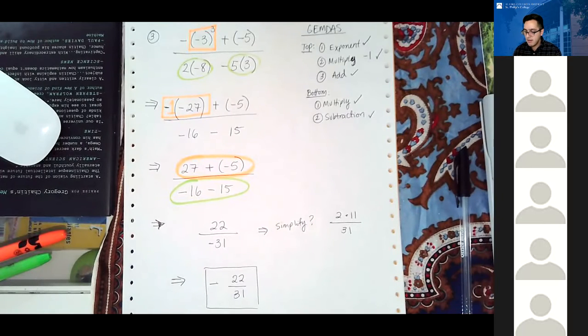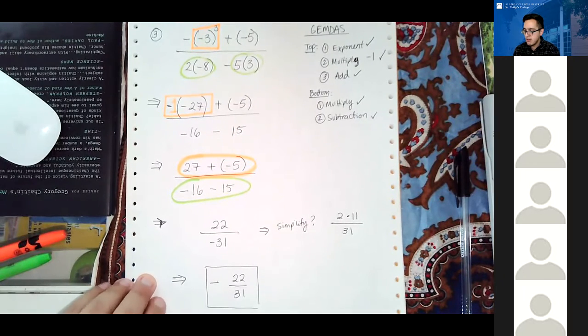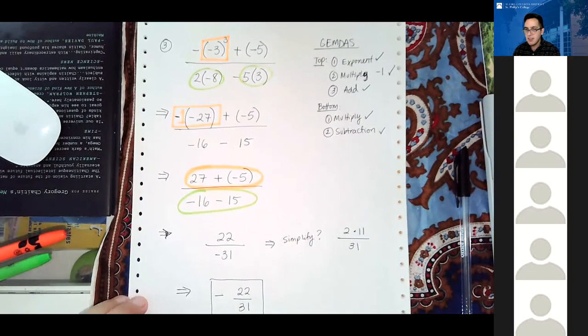Yeah, on the -16 minus 15, you added it? Oh, okay, I see what I did wrong. I treated the 15 as a negative. What do you mean that you treated it as a negative?